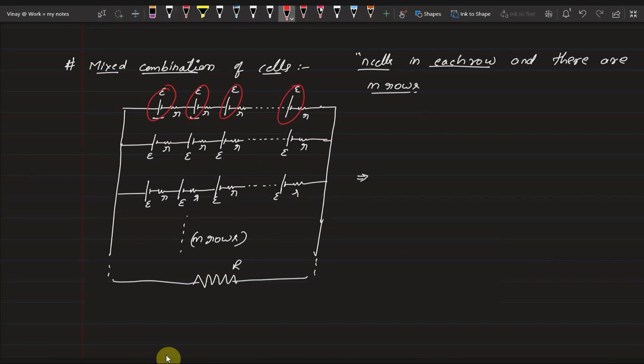Yes, N into E. Here the effective EMF will be N into E. Now can you tell me what is the effective internal resistance?